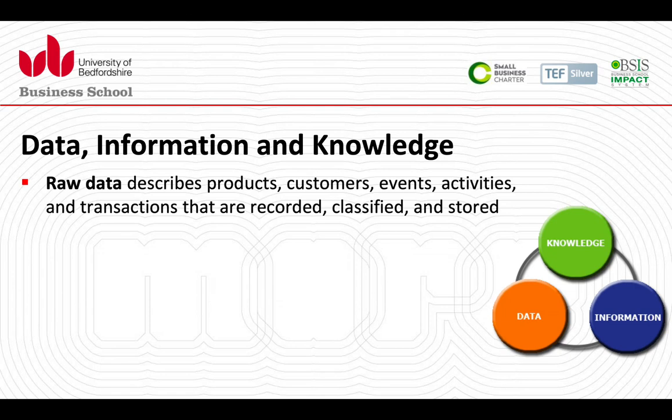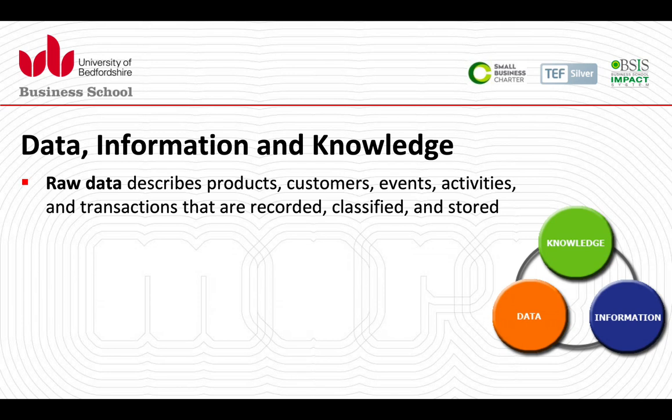Raw data describes the product, customer, event, activity and transaction that are recorded, classified and stored. In very simple understanding, data can be any raw facts and figures, data which is not refined or properly organized, and it can be any number or any facts and figures. So we need to process this data.